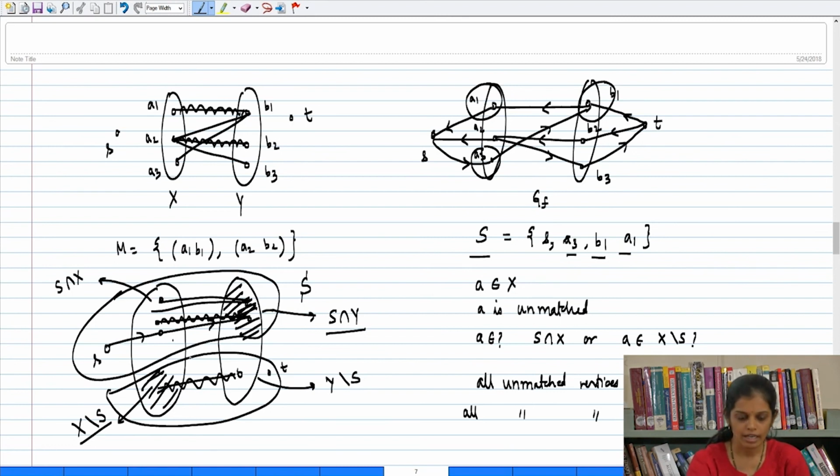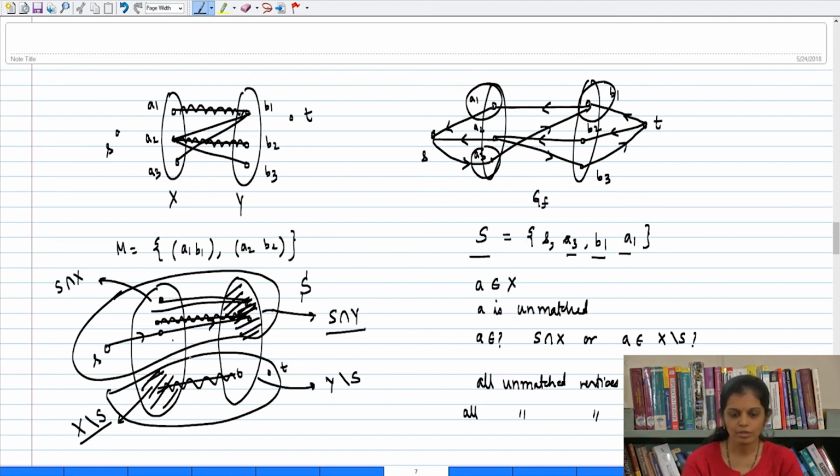I took the endpoints of the matched edges in X minus S, and I also looked at the matched edges and picked up the S intersection Y endpoints. I have certainly picked no more than the size of the maximum matching. In fact, I have picked exactly that many, because for every edge in the maximum matching I have picked one of its endpoints, but I have picked one of its endpoints cleverly.